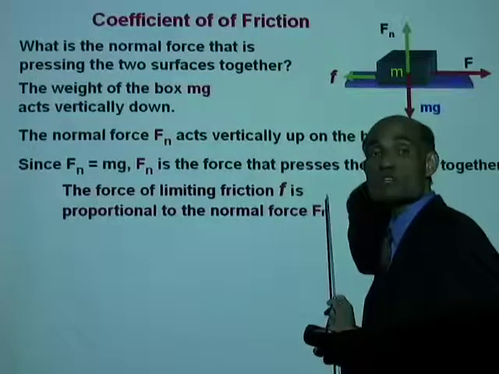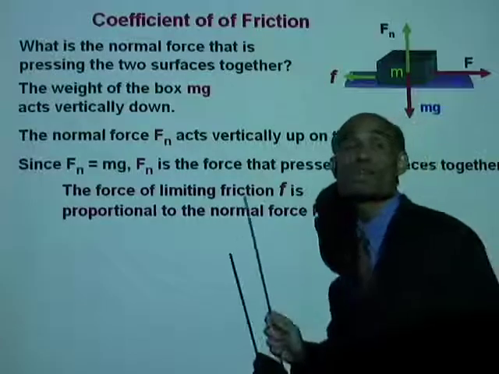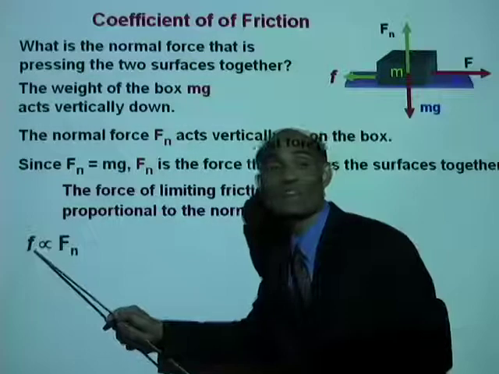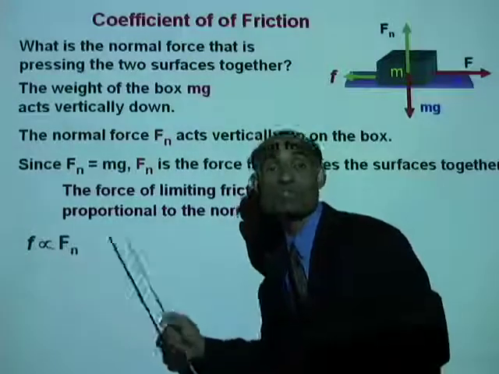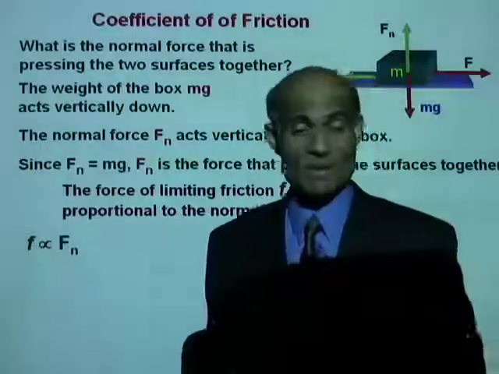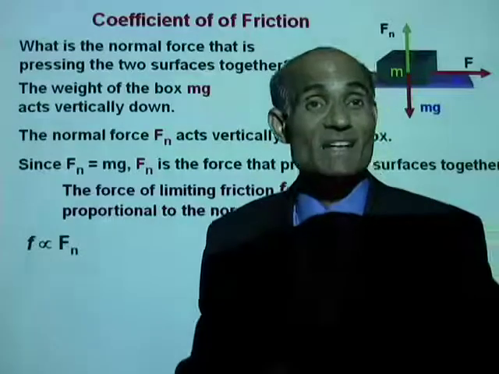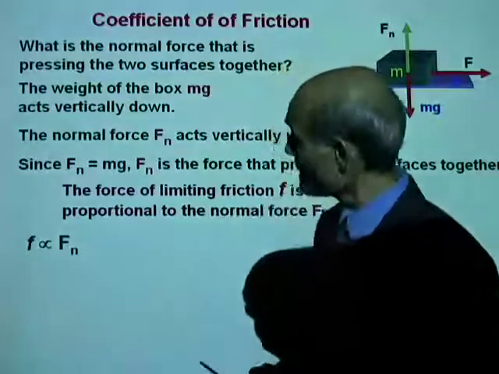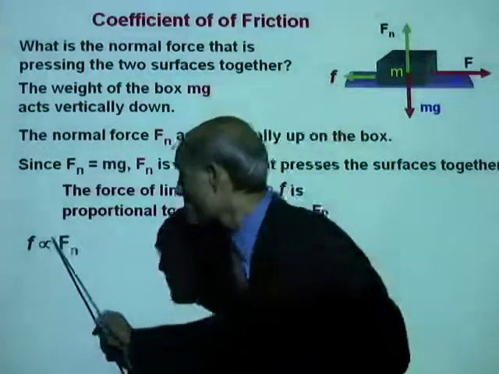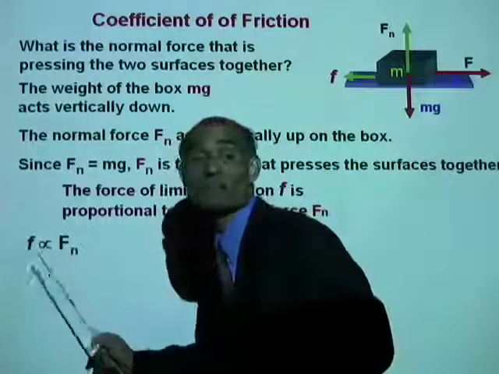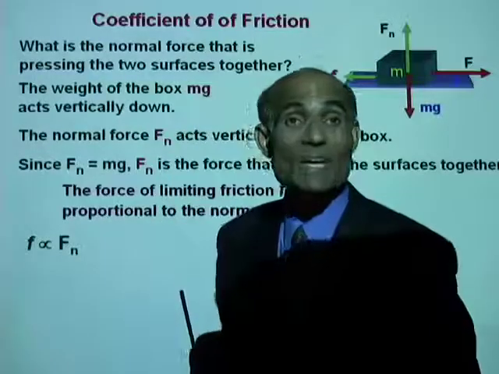We write it like this: f is proportional to Fn. A statement like this can be written as an equation. What will be that equation? The proportional sign can be replaced by an equal sign.